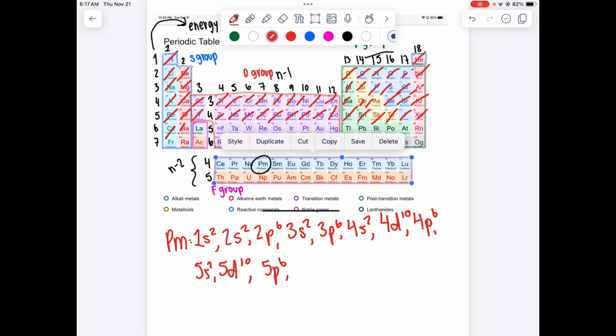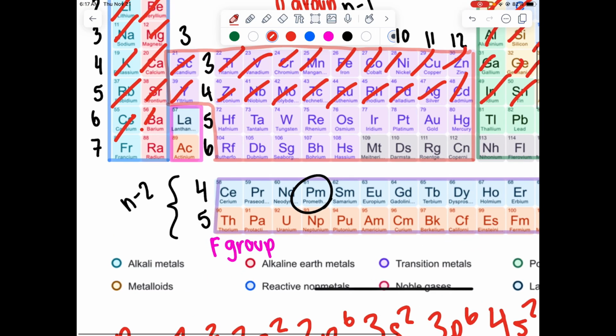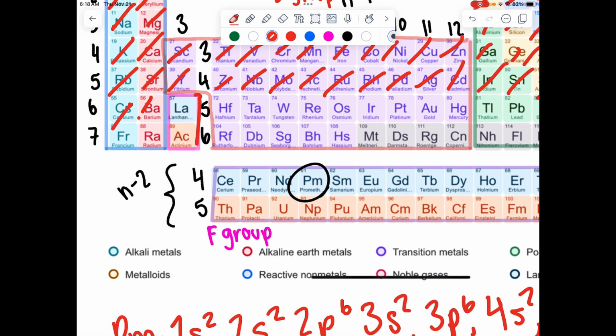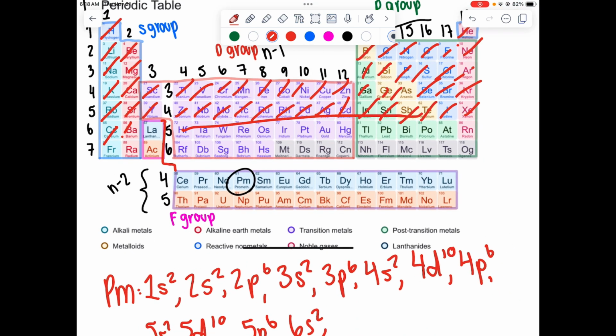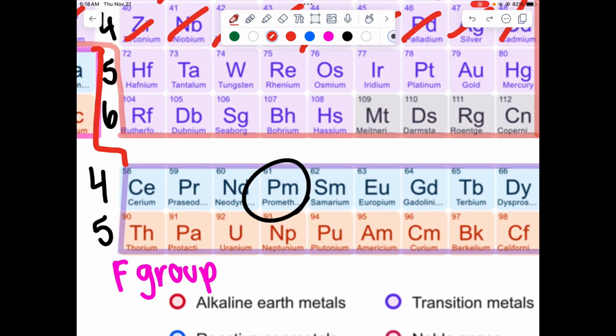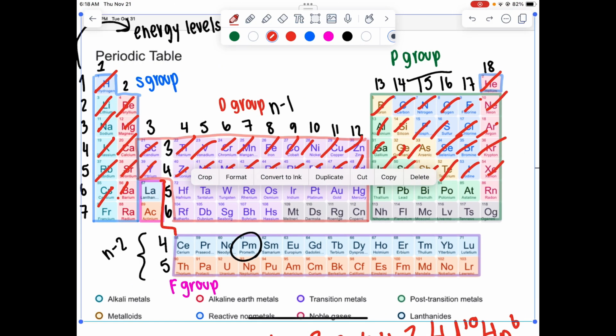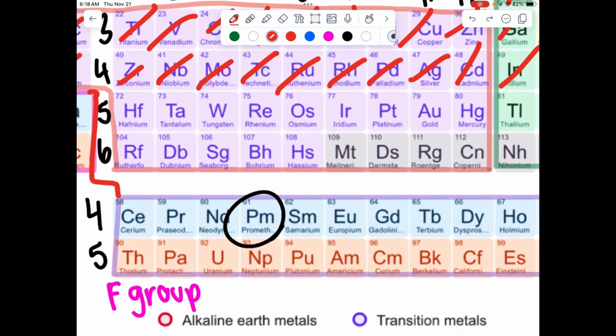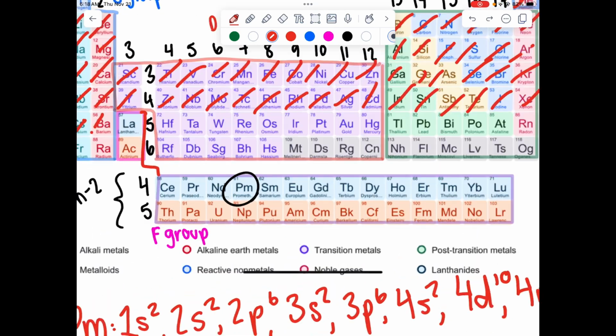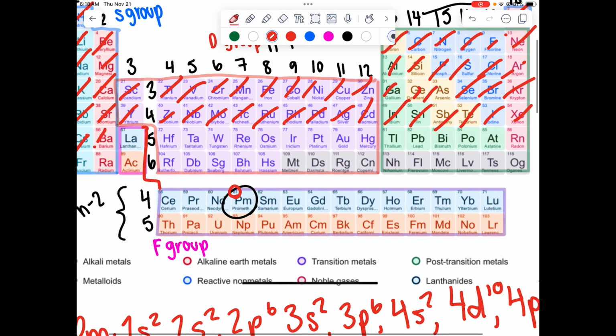1, 2. So 6S2. This is where it changes. Since you have to pass this, and this is connected to the F group, you basically don't have to do any of this, because the atomic number for promethium is 61, and this is 72.